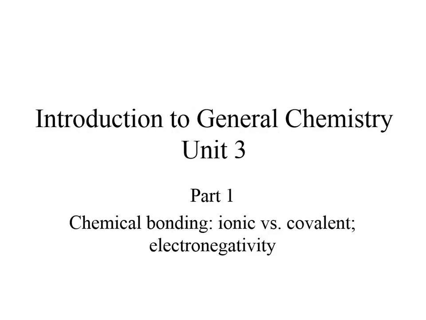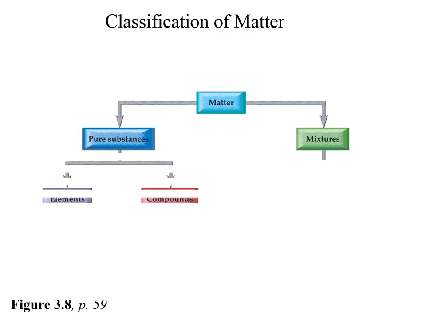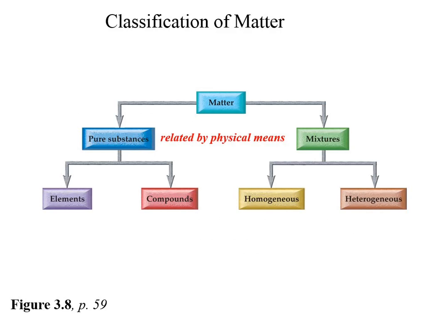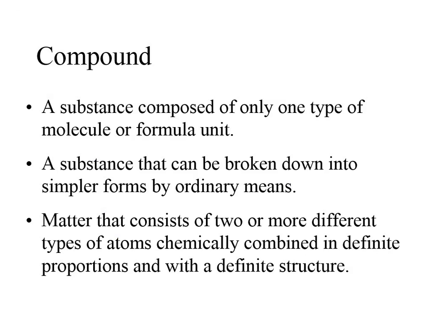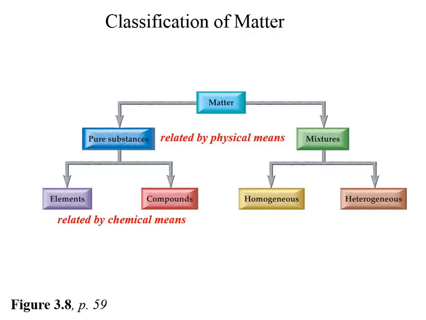So before we get to Thursday's lab, though, we have a couple of sections to get under our belt, so we'll see how far we get. This idea of compounds. We talked a lot about elements, and now we're talking about compounds.